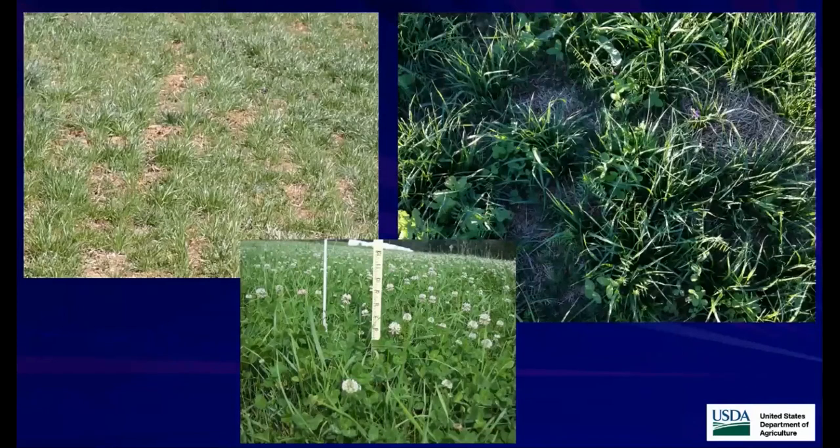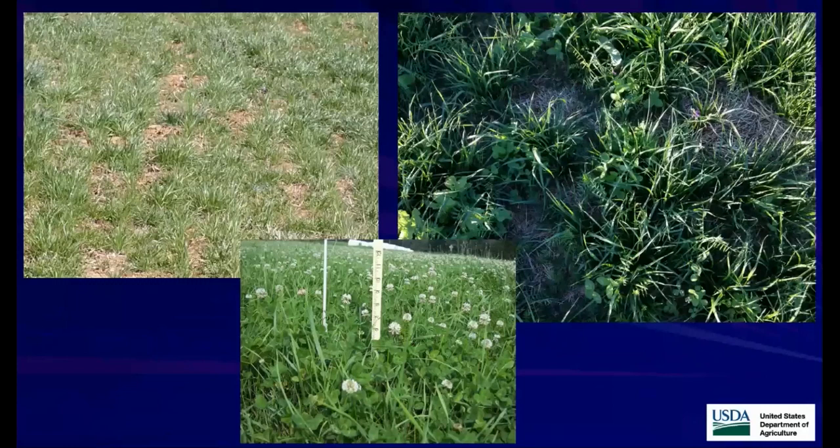And hopefully over time with good management, that will fill in and you'll have less gaps between the plants, and you'll have legumes that come in and help to support the grass with their nitrogen-fixing abilities.